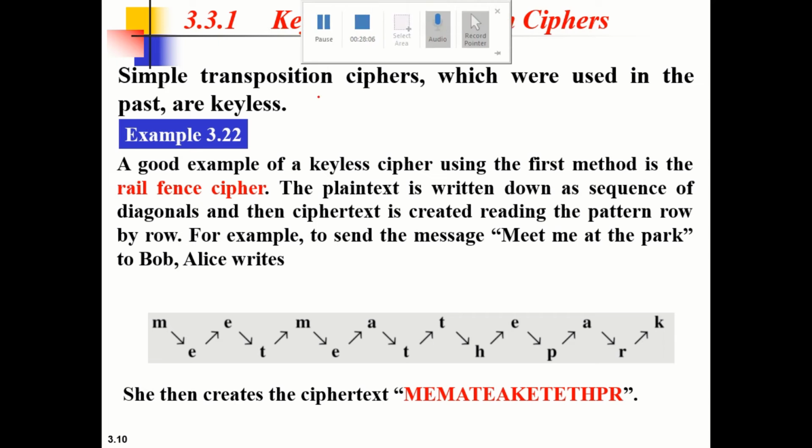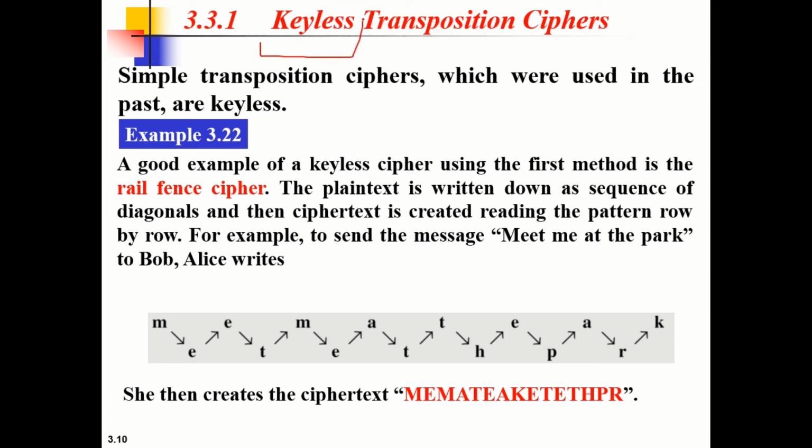That you will not be using any key for it. You'll have the plain text and you will be repositioning the letters in the plain text to encrypt the message. So how do we do that? In keyless transposition, the technique which we have is called rail fence cipher or rail fence technique.